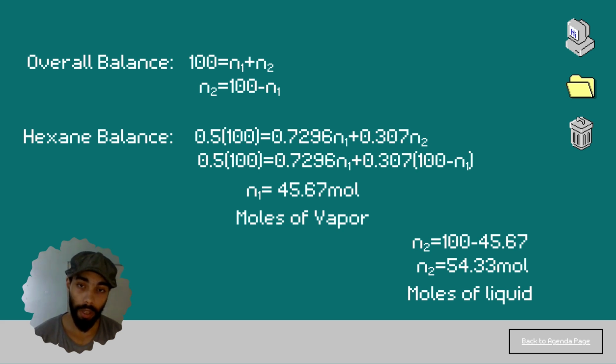We use simultaneous equations between the hexane balance and overall balance, substituting N2 equals 100 minus N1, to have only one unknown in one equation, which helps us find N1, which becomes 45.67 moles, and this is the vapor phase. We substitute this number in the overall balance to find N2 equal to 100 minus 45.67, hence N2 is 54.33 moles in the liquid phase.